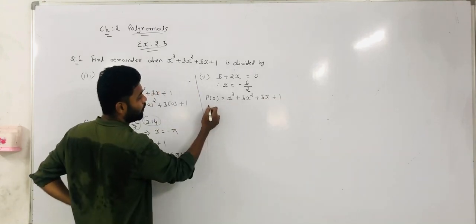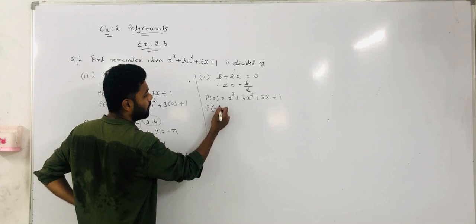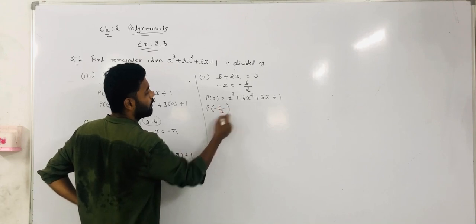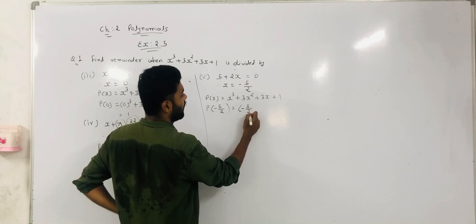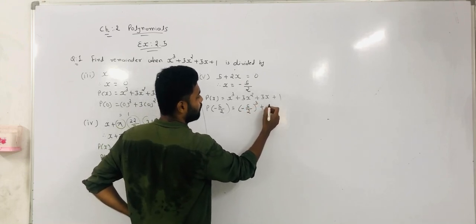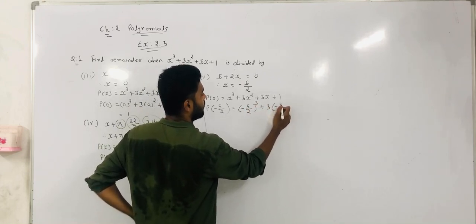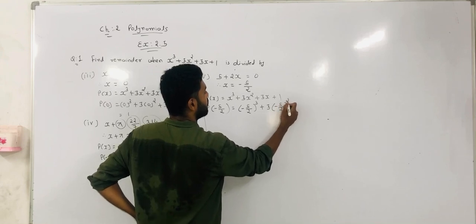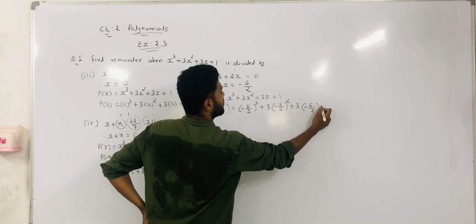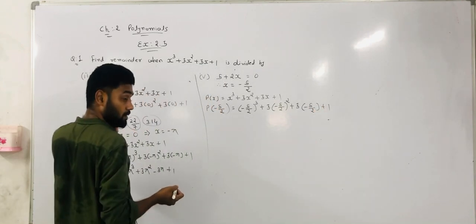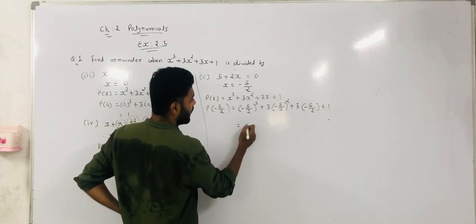So find the value of this polynomial at minus 5 by 2: minus 5 by 2 cube plus 3 into minus 5 by 2 square plus 3 into minus 5 by 2 plus 1. So what will you get?